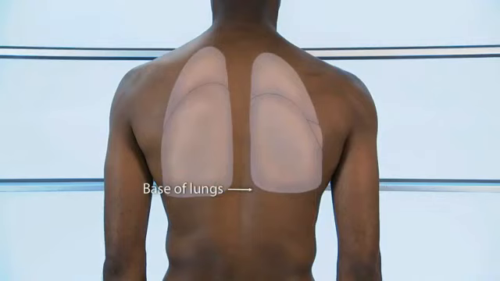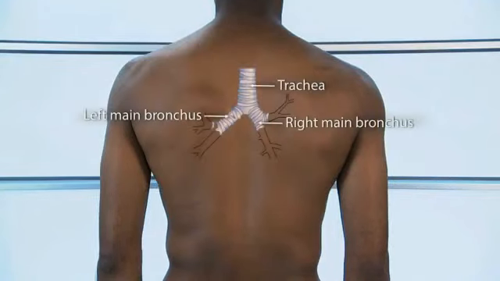The bases of the lungs are the lowermost portions, and the upper, middle, and lower lung fields are self-explanatory. The trachea bifurcates into its mainstem bronchi at the levels of the sternal angle anteriorly and the T4 spinous process posteriorly. Breath sounds over the trachea and bronchi usually have a different quality than breath sounds over the lung parenchyma.